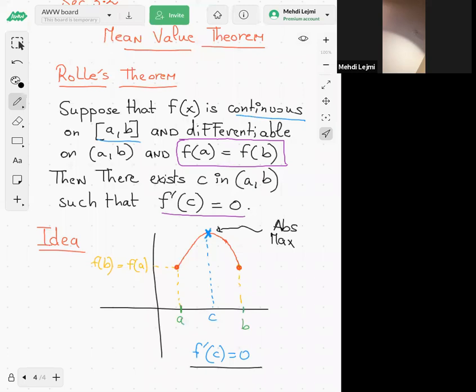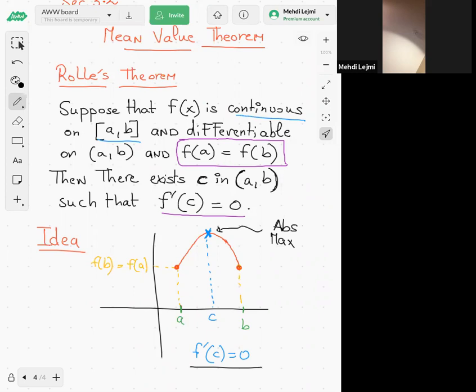Here what we are saying is that your global maximum or global minimum is not at the endpoints, so your c here is in the open interval (a, b). Your c is different from a and different from b.